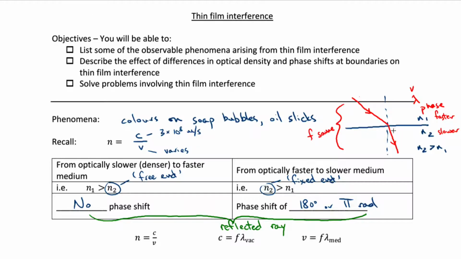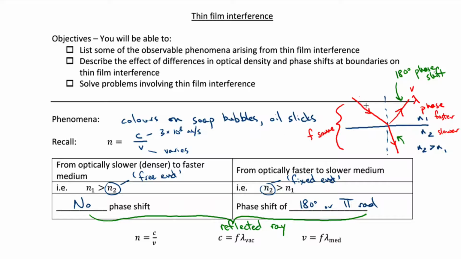Now, I've only drawn right now the refracted ray, but there's also a reflected ray here. And this reflected ray, because again we're going from an optically faster to an optically slower, or a less dense to a more dense medium, would have a 180 degree phase shift compared to this transmitted ray.